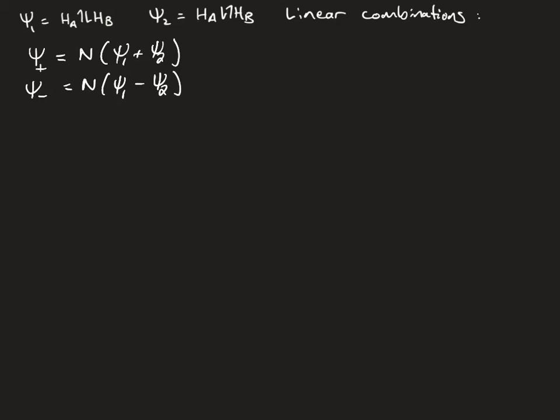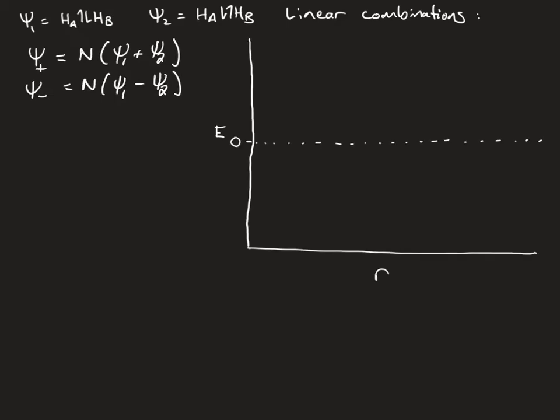We can go through and plot the energy of these two wave functions as a function of bond distance. Just to give us a reference, the dissociation energy for H2 that's been measured experimentally is equal to 452 kilojoules per mole, and the experimental H-H equilibrium bond length is 0.74 angstroms.